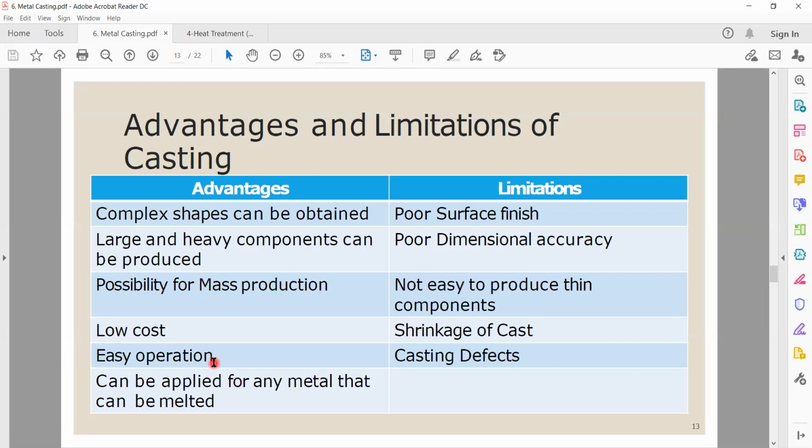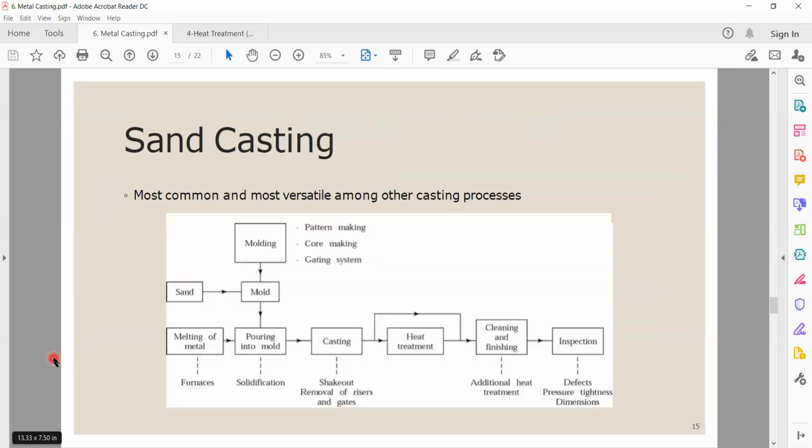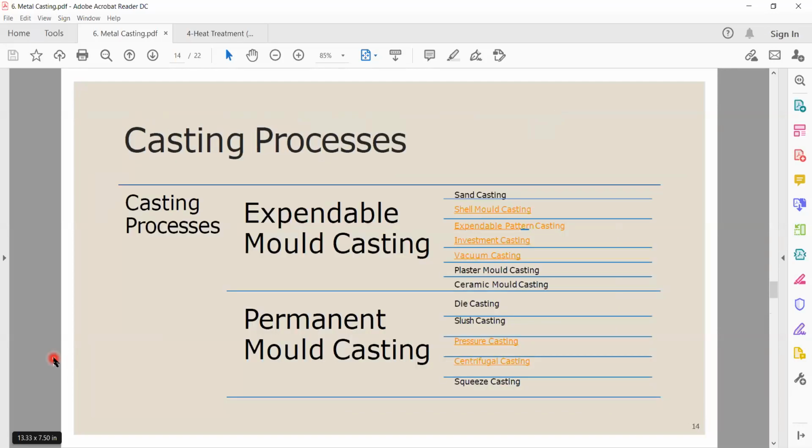Because of low cost. If you consider the sand casting process, the single mold using a sand mold, then low cost, right? That's a comparison, right? Up to now, if you have any doubt.